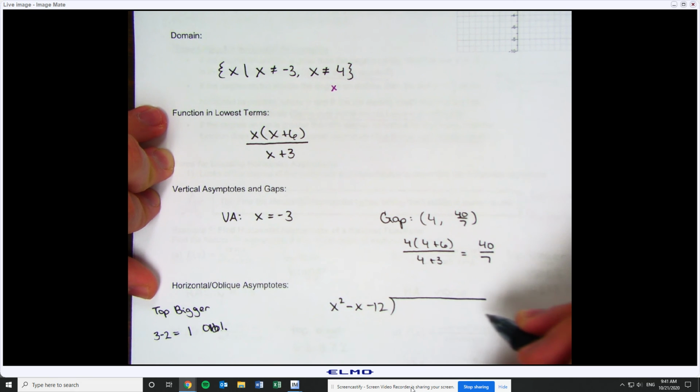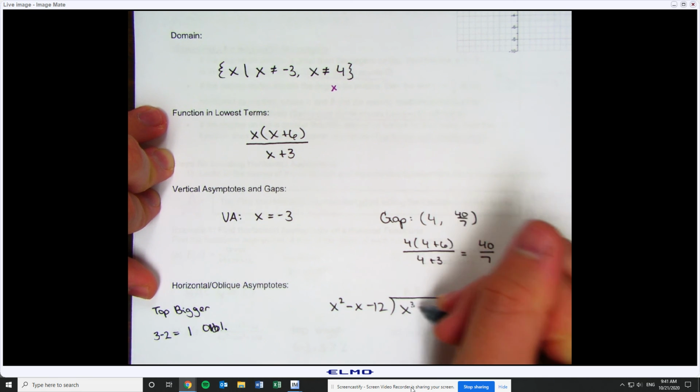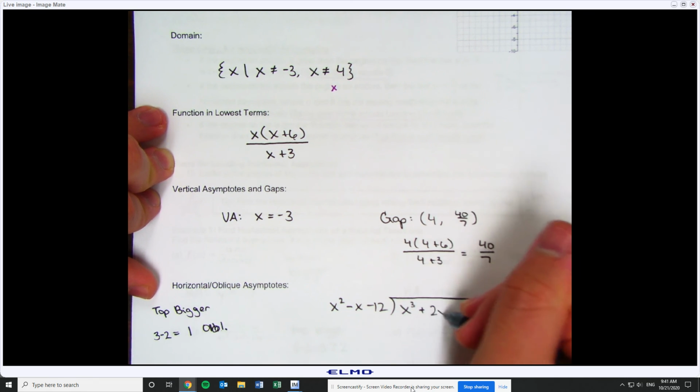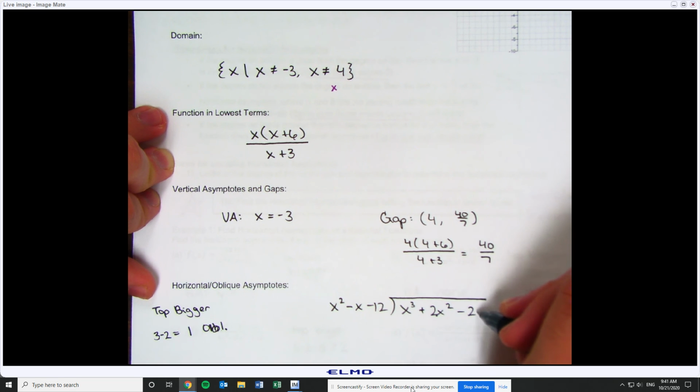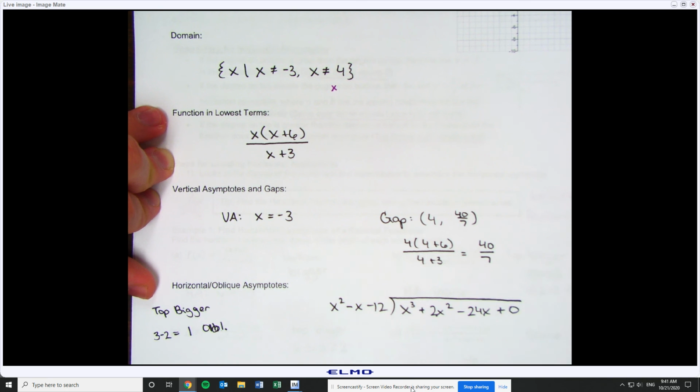On the inside, I have x to the third plus 2x squared minus 24x plus 0 to fill in the missing part. Okay, so remember, I have to multiply x squared by something so it cancels with x cubed.